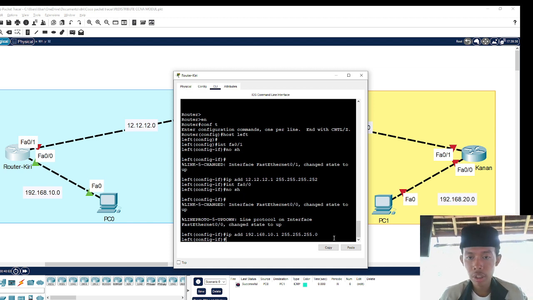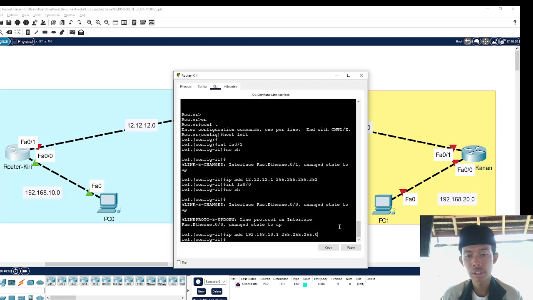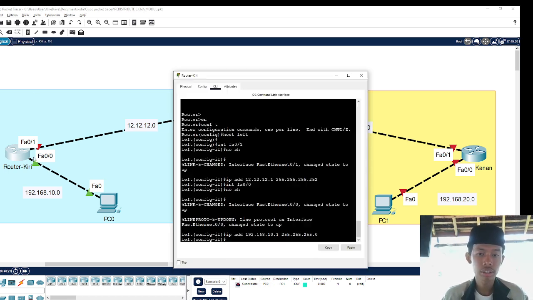Why do I use subnet mask 255.255.255.252 on one interface and 255.255.255.0 on FA0/0? Because if you use /24 on this connected link, you will just waste your IP range, and it's not effective because there are only two devices.